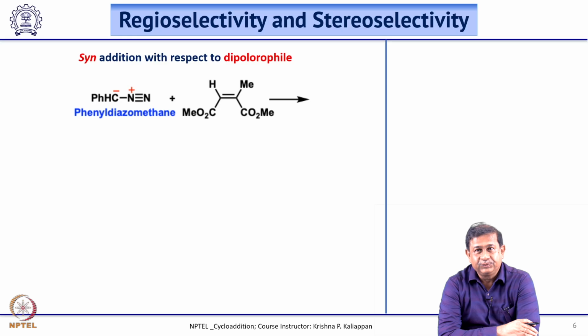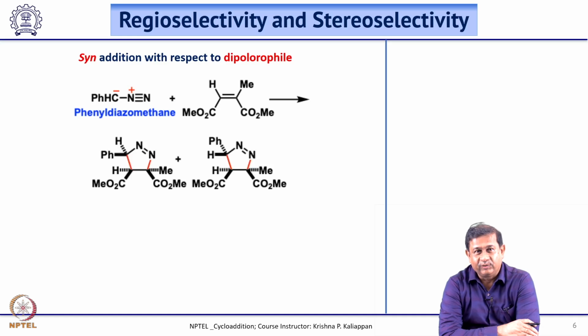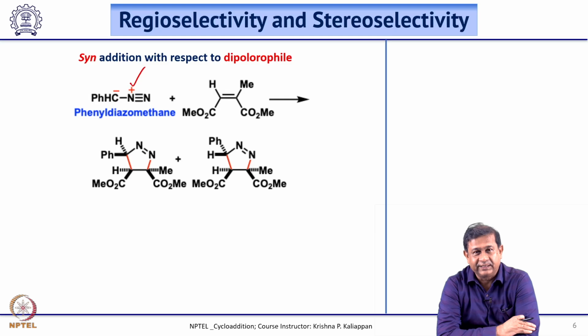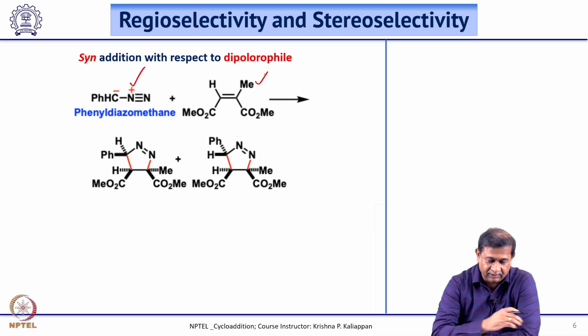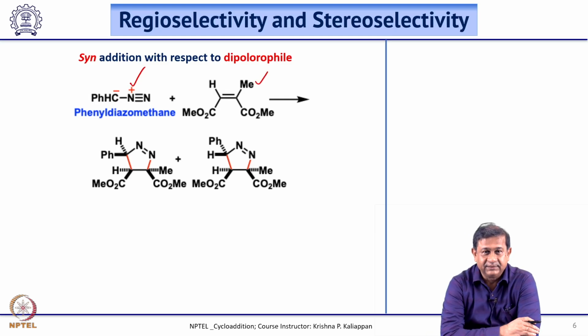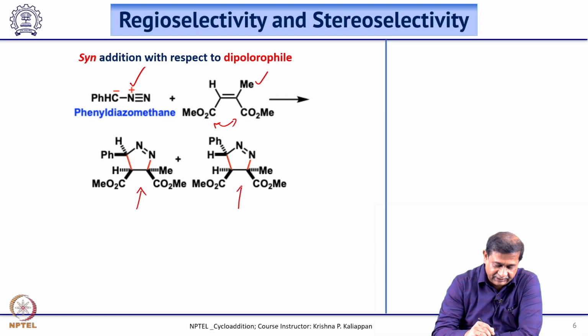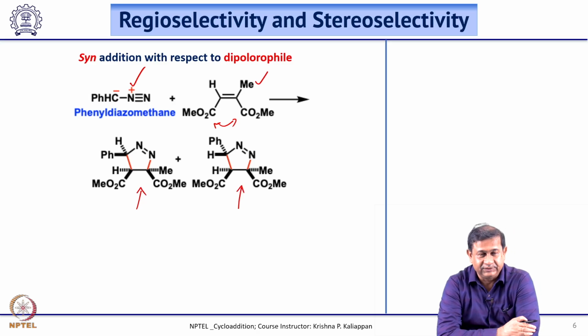Coming to the regio and stereoselectivity of this dipolar cycloaddition, as we have seen already and discussed, the 1,3 dipolar cycloaddition reaction is always highly stereoselective and regioselective. So if you take this phenyl diazomethane and do 1,3 dipolar cycloaddition with dimethyl maleate, since these two ester groups are cis to each other, in the product too, you will see both of them are cis to each other.